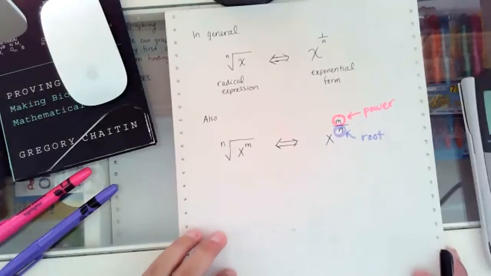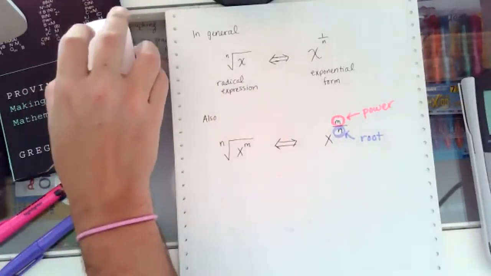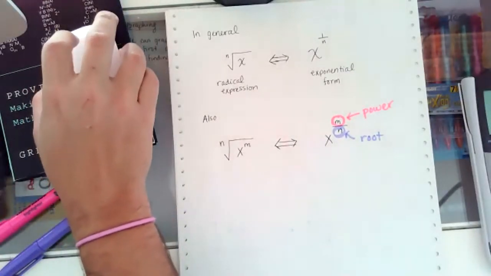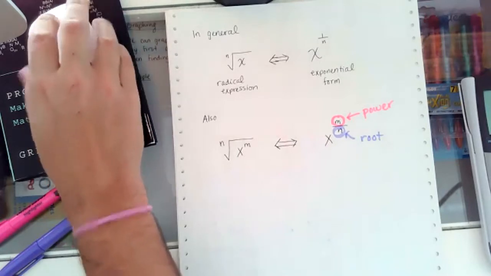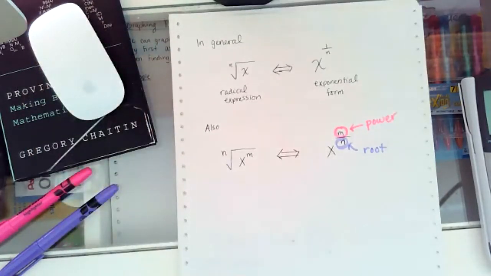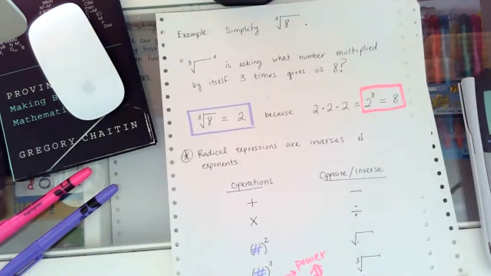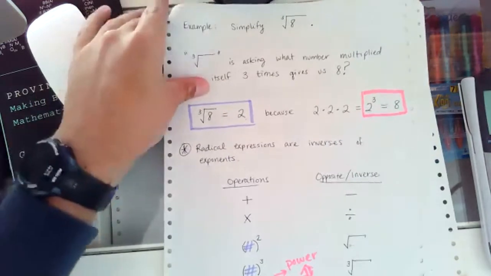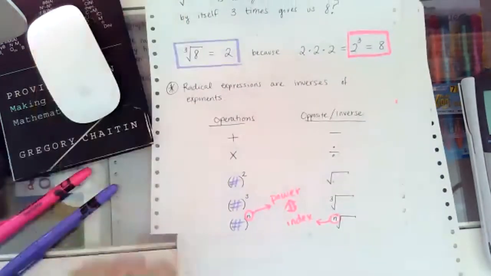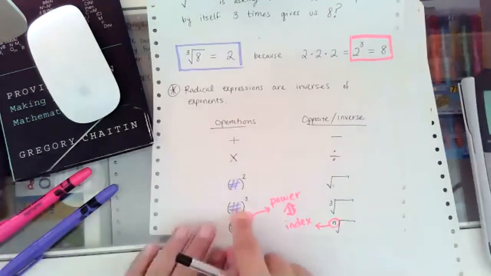Can I ask something? Yeah, go ahead. In the first examples you gave us for the operation opposite and inverse, it says that if it's a number with a power 2 or power 3, is the inverse a root, a square root, right? The first one. This one.